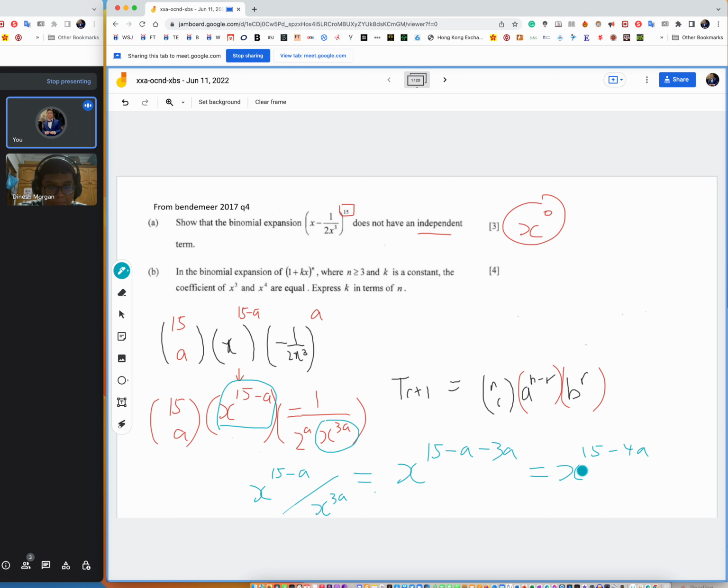So in order to be x to the power of 0, I need to find out what my value of a is. I just need to get this 15 minus 4a equals 0. So if you continue, your 4a is equal to 15, and then your a is equal to 15 over 4.